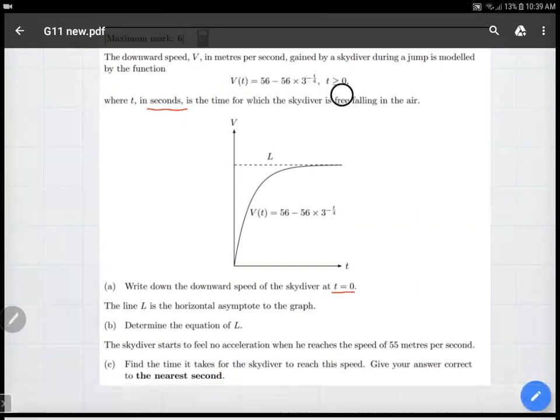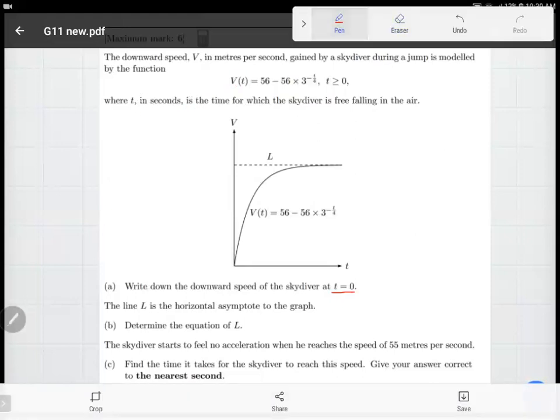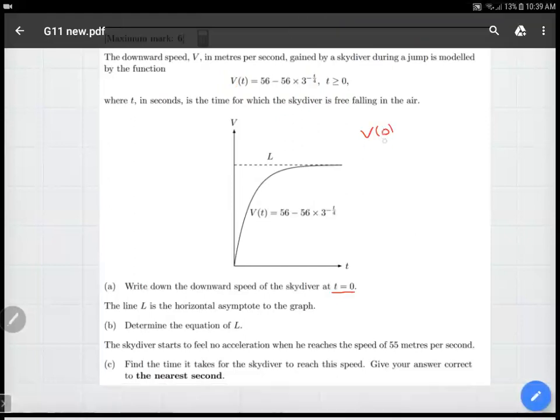So it is the equation, and let's put 0 for t. So v of 0 is equal to 56 minus 56 times 3 power negative 0 over 4.